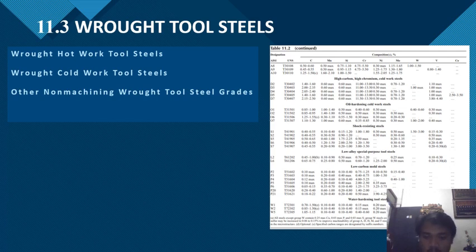Cold work tool steels do not have the alloy content necessary to make them resistant to softening at elevated temperature, so they are restricted to applications that do not involve prolonged or repeated heating above a certain temperature.